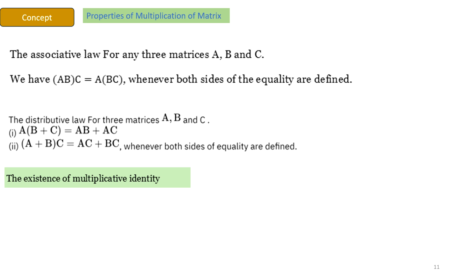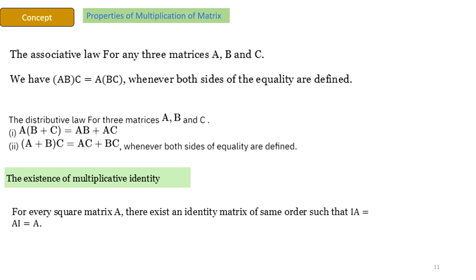Existence of multiplicative identity. For every square matrix A, there exists an identity matrix of same order such that IA equals AI equals A.